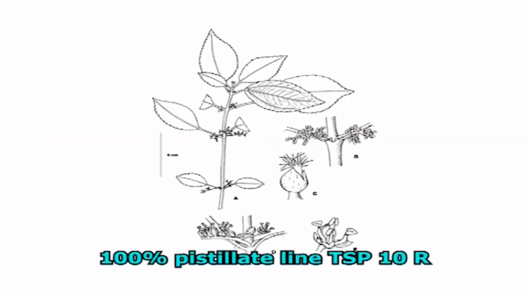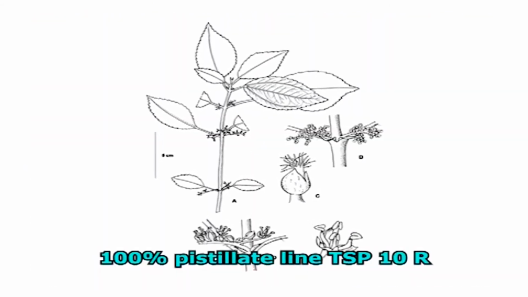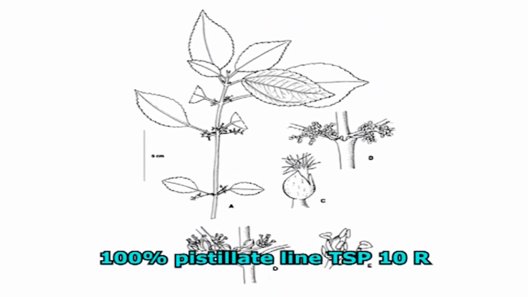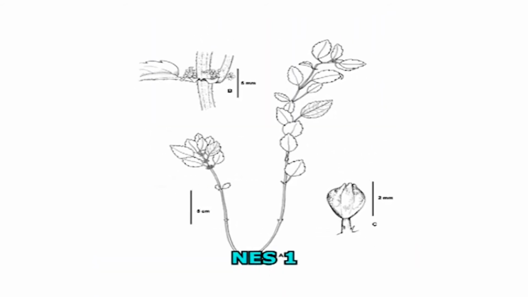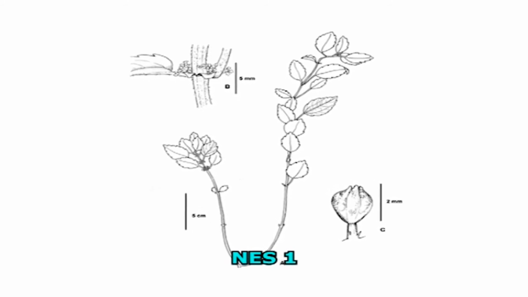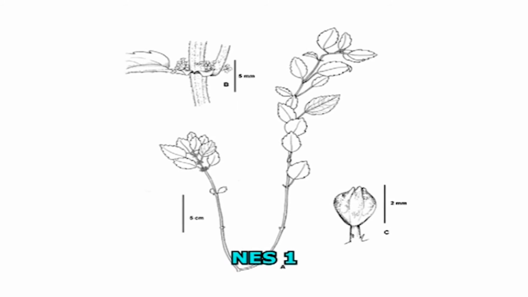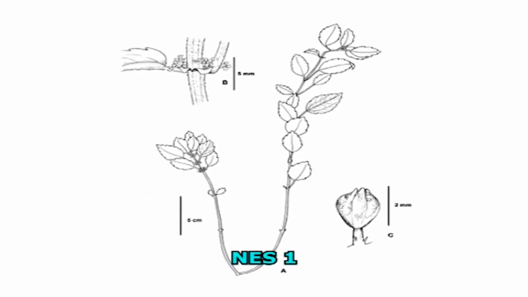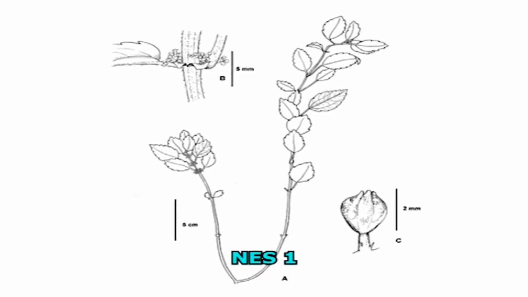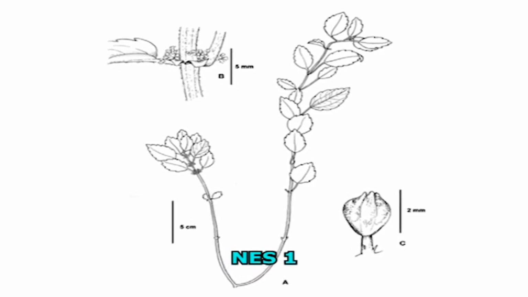A 100% pistillate line DSP-10R was released during 1962 in USA. Another stable pistillate line NES1, based on environmentally sensitive staminate flower character in combination with recessive sex switching gene, was released at Davis, California during 1964, which is widely used now.